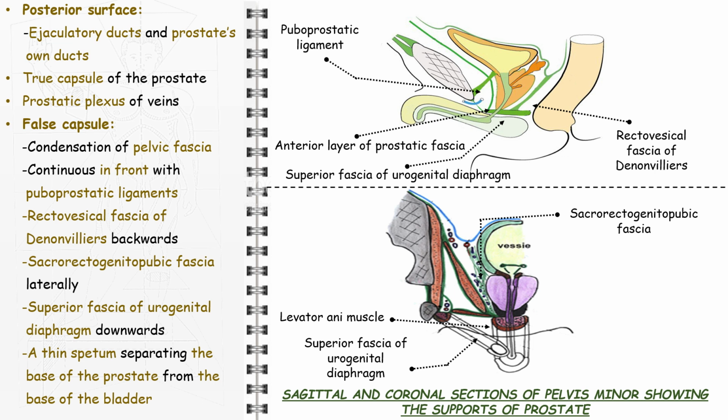The false capsule contains the urethral sphincter, particularly the arched fibers of the urethroprostatic muscle surrounding the anterior and lateral surfaces of the apex of prostate.